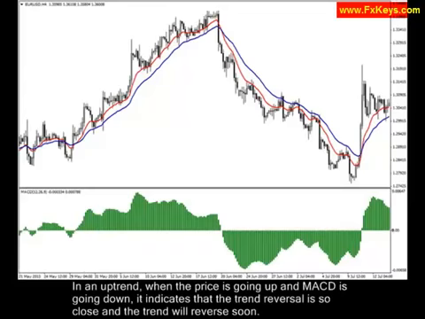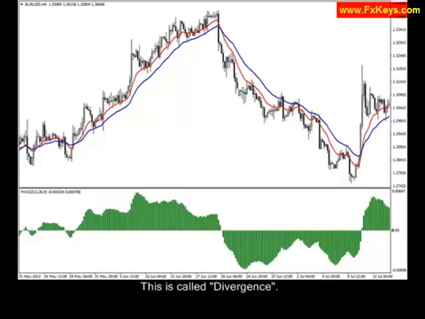In an uptrend, when the price is going up and MACD is going down, it indicates that the trend reversal is so close, and the trend will reverse soon. This is called divergence.